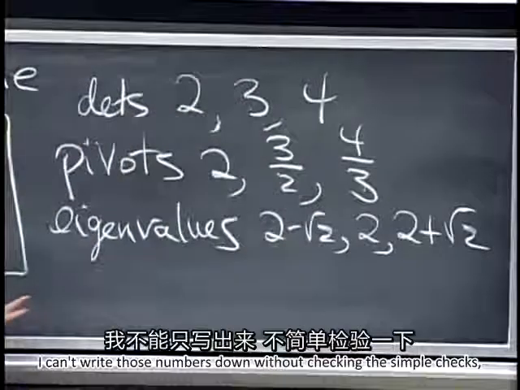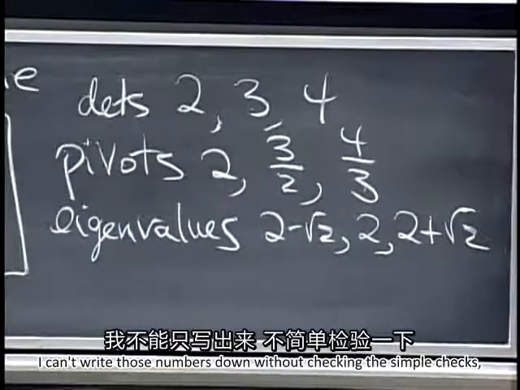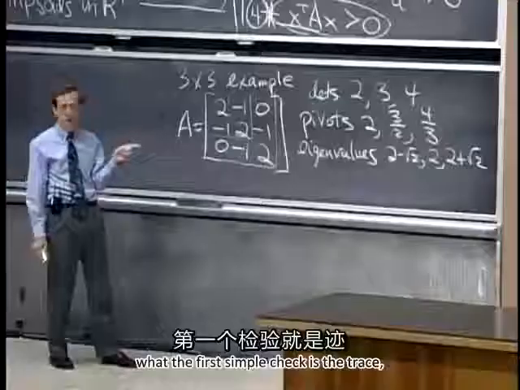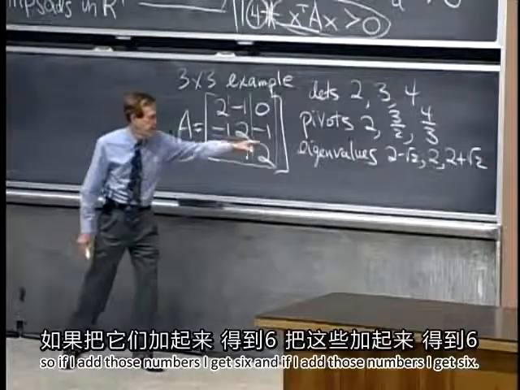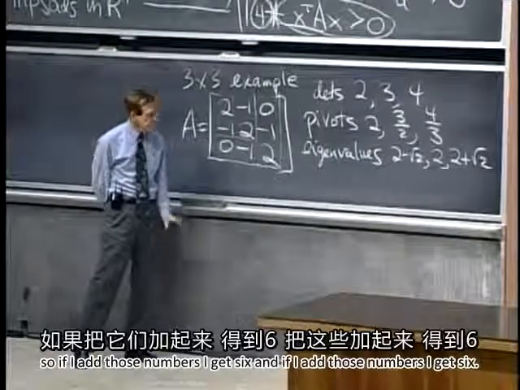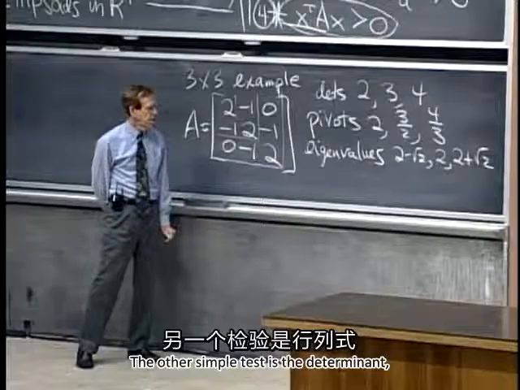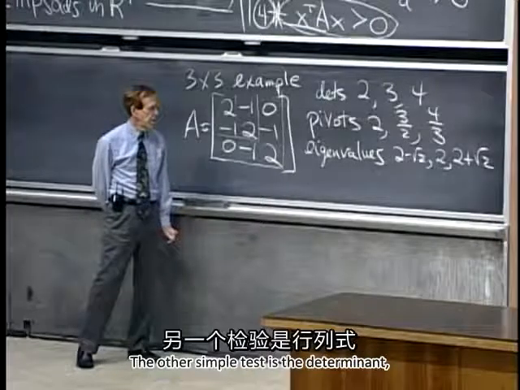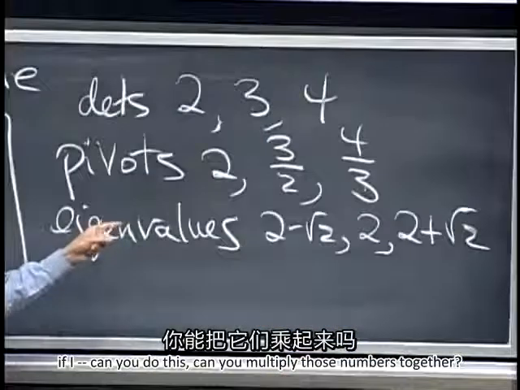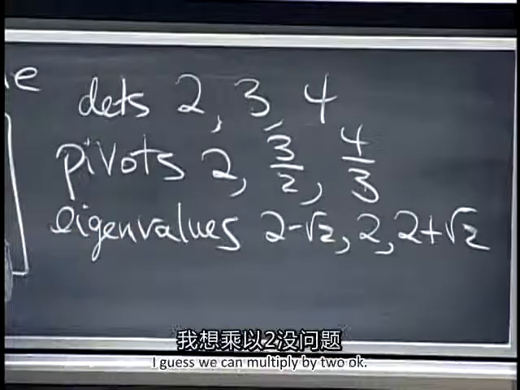I can't write those numbers down without checking the simple checks. The first simple check is the trace. If I add those numbers, I get 6, and if I add those numbers, I get 6. The other simple test is the determinant. Can you multiply those numbers together?